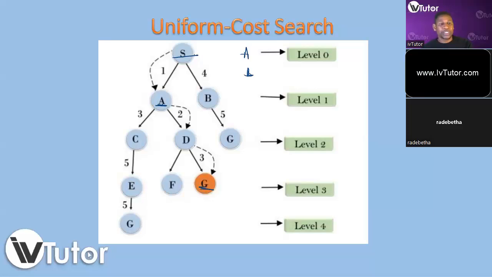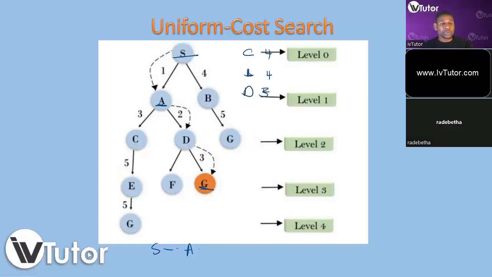No. You expand, and now you have A and B in your solution space. Once you expand A, it's going to give you C and D, right? So B is equal to 4, C is equal to 4, and D is equal to 3, right?